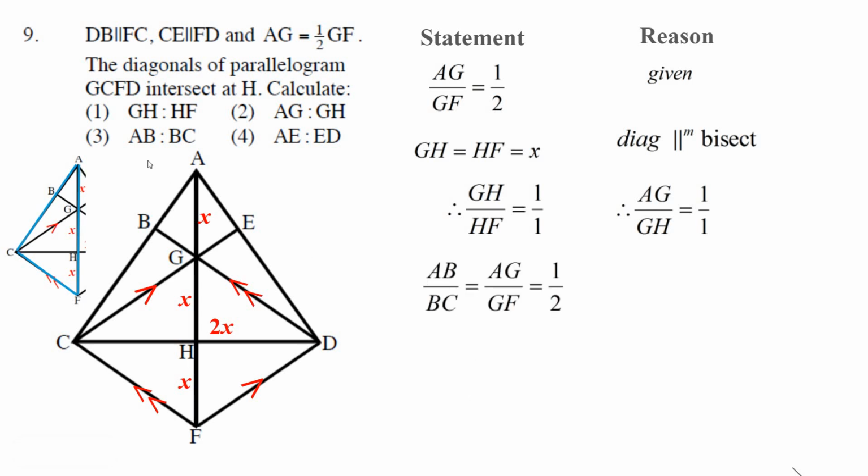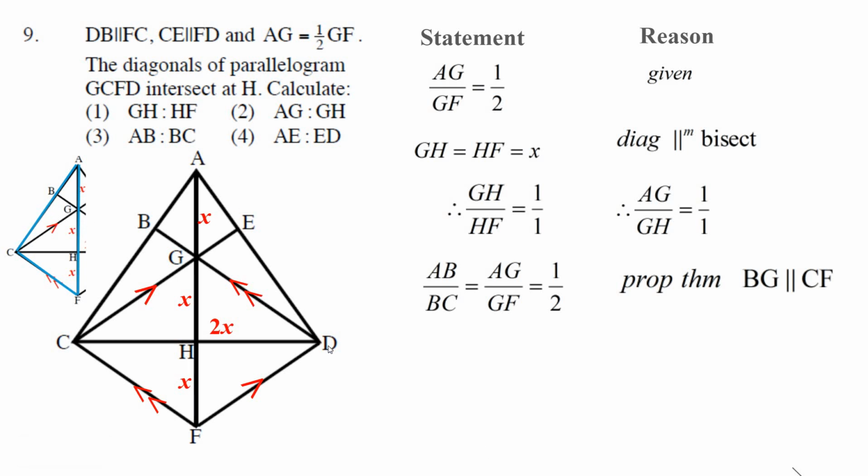So we can say that AB over BC equals AG over GF. And we know that's in a ratio of 1x to 2x. So there's your answer. Why? Because of the proportionality theorem and that BG is parallel to CF. And we just use the proportionality theorem.